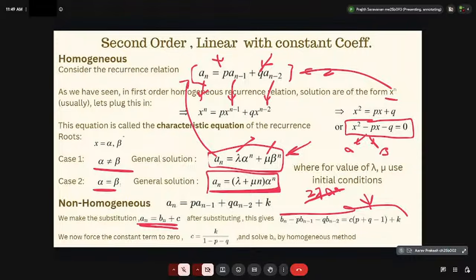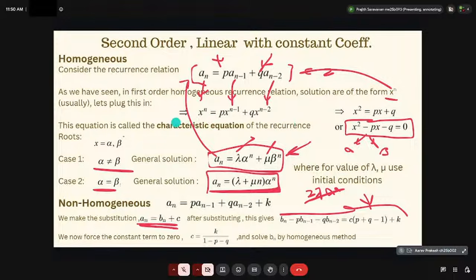Rajan, I think people are still confused about why you're using x^n and how it's not equal to a_n. I think it's better if you explain that once. So x^n is not directly equal to a_n. x^n is a way of getting the solution.